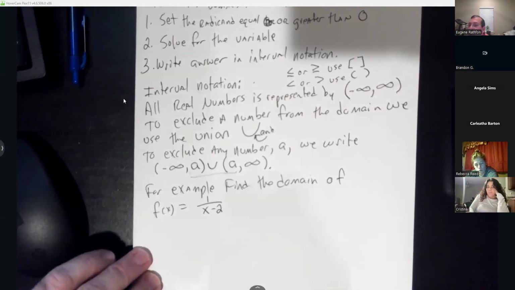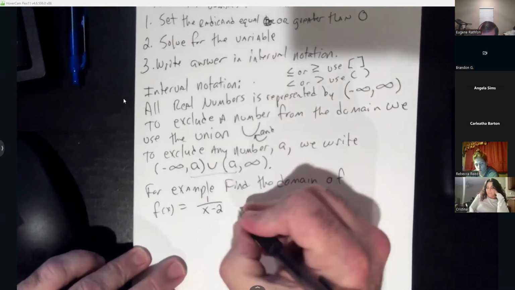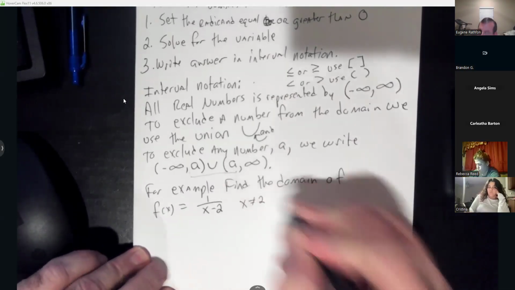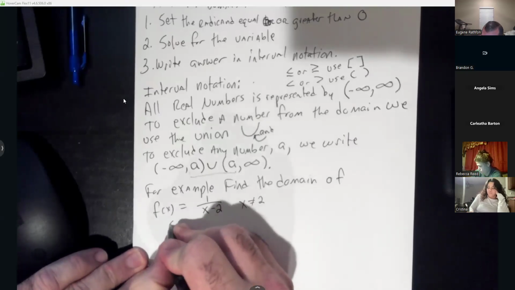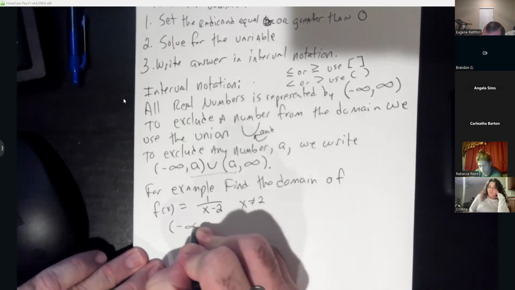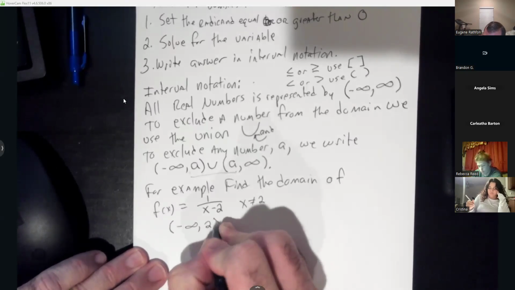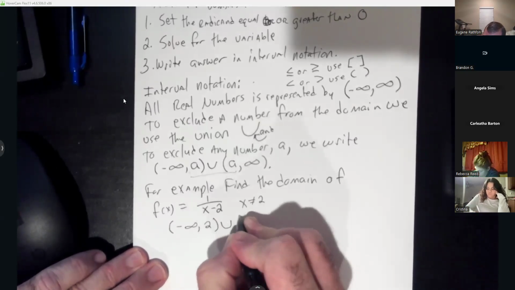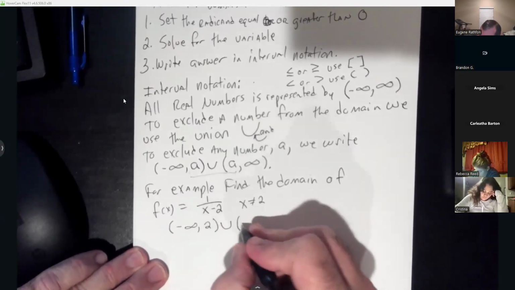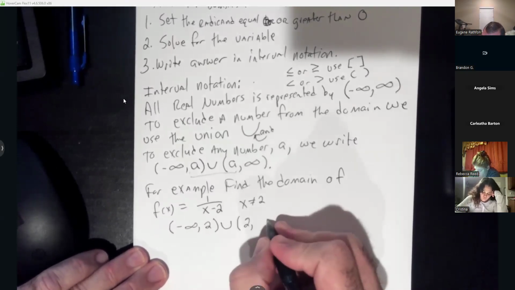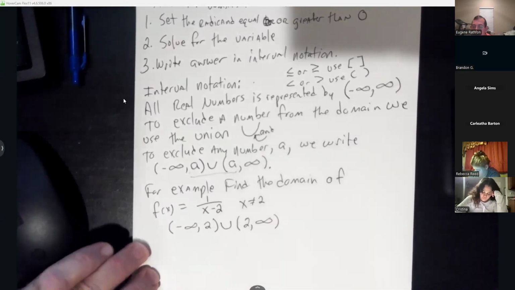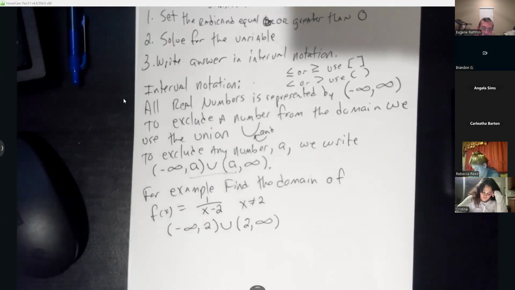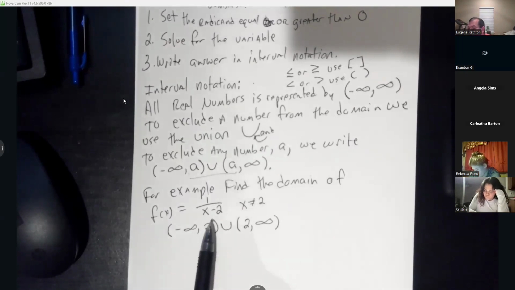Positive 2. So we know x cannot equal positive 2. So to kick that out of my domain, I would write negative infinity to positive 2, union around that positive 2, and head off towards positive infinity. So in the future, when we do the ones with the fractions, that's how we're going to kick out our numbers, okay?